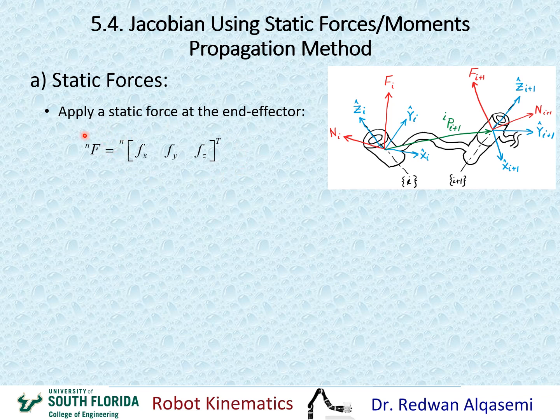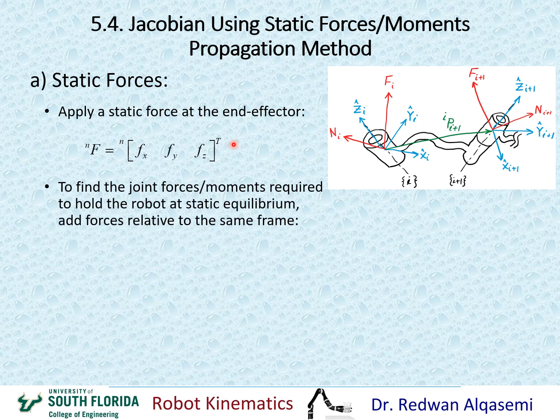So if we have this vector as the acting force on frame n, and then we try to find the summation of forces and moments to hold the whole arm at static equilibrium. So what are the joint torques or joint forces needed so that the arm would stay in static equilibrium?